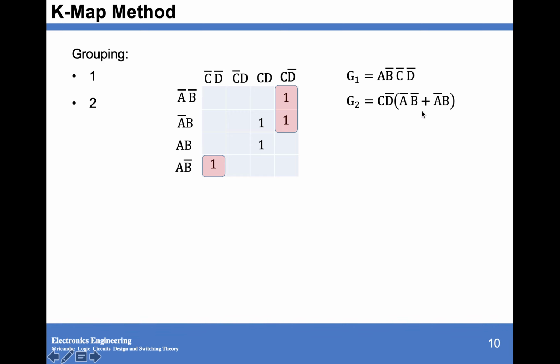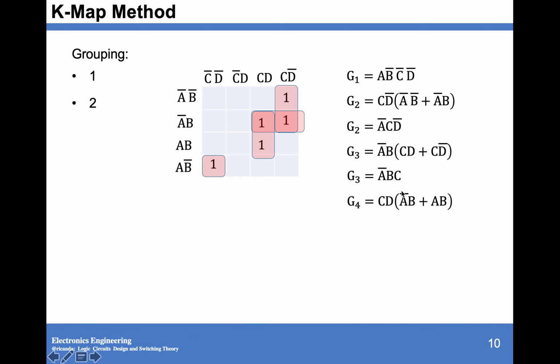So we have E bar, B bar or E bar, B. Between these two, B changes from B bar to B, so the meaning is E bar. For group 3, we have a common of E bar B, then we have column 3 and column 4, so we have to OR two columns. Then the D changes from its value to its complement, so we have only E bar B C. Group 4, the common is CD, then row 2 and row 3, E changes from complement to true value, so we have BCD.